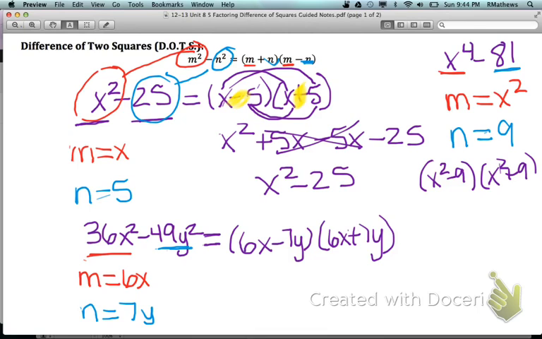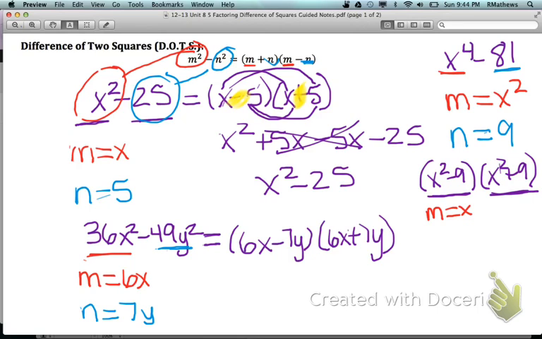But I'm not done. Now the x squared plus 9 is done. I can't factor anymore. There is no such thing as sum of two squares being able to factor. But this x squared minus 9, that is also another difference of two squares. And so I would need to repeat the process. So in my new situation, m is now x, because that's the square root of x squared.